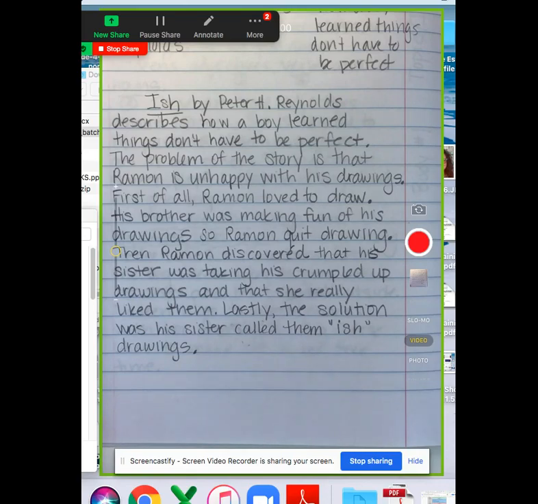So let's wrap up with the solution or the lesson that Ramon learned. Give us a sentence describing the lesson that Ramon learned. Maggie?